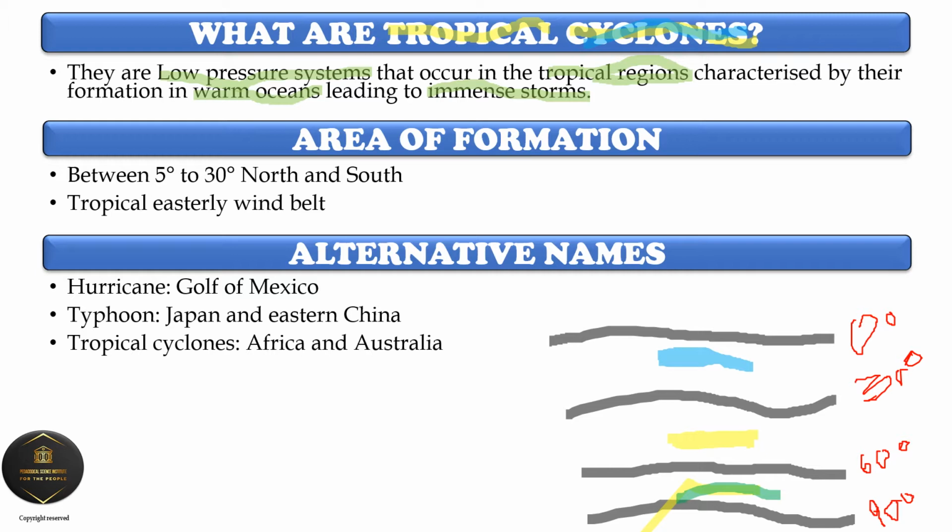Now, where do they form? We've sort of covered that already to say they form in the tropical regions, and that is between 0 and 30 degrees. Now you'll notice that my outline here says they form between 5 and 30 degrees, both north and south. Now let's just talk a bit about why they don't form between 0 and 5.